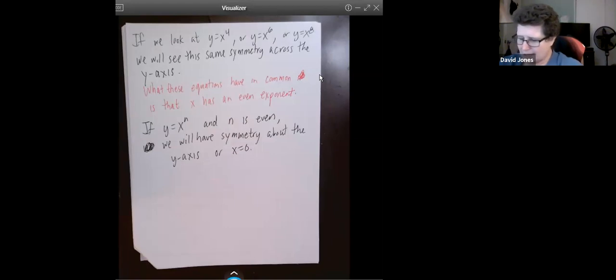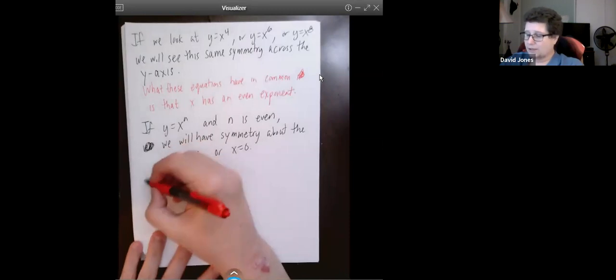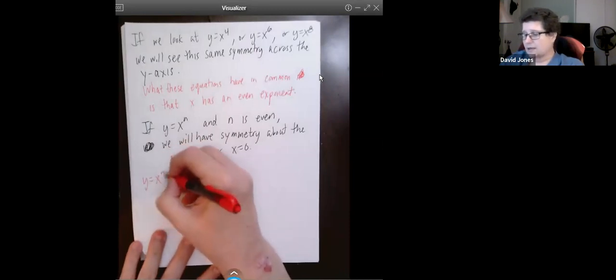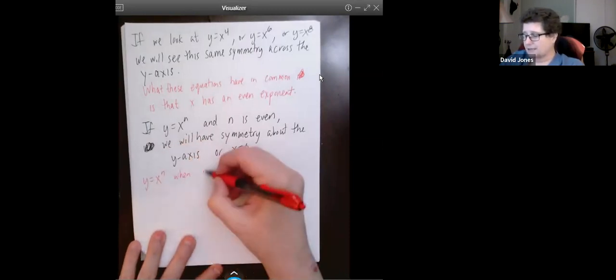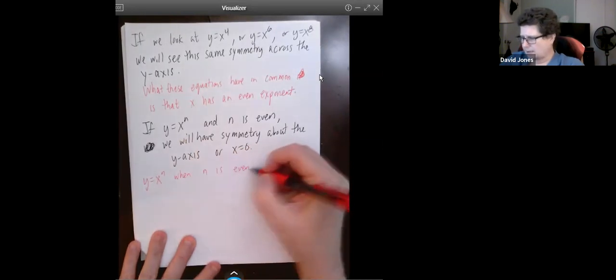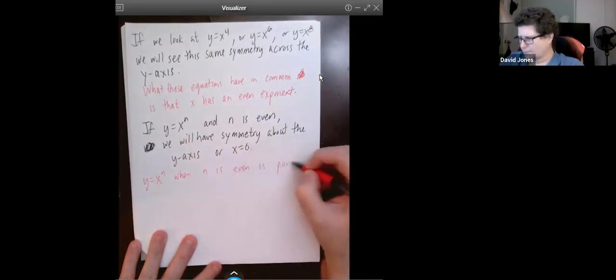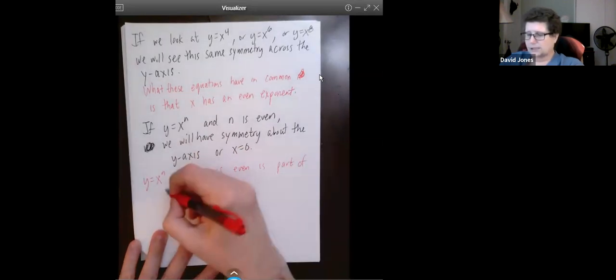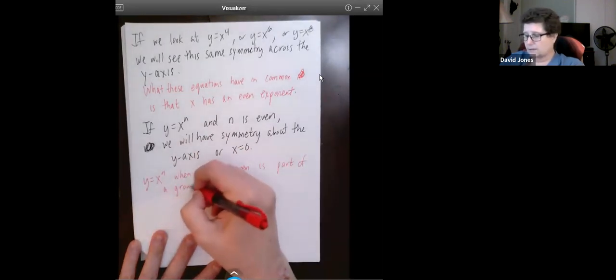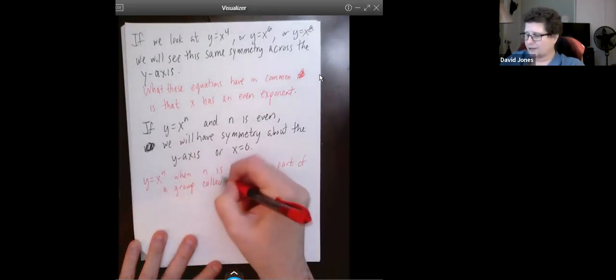Y equals x to the n is part of a broader category called an even function. When n is even, it's part of a group called even functions.